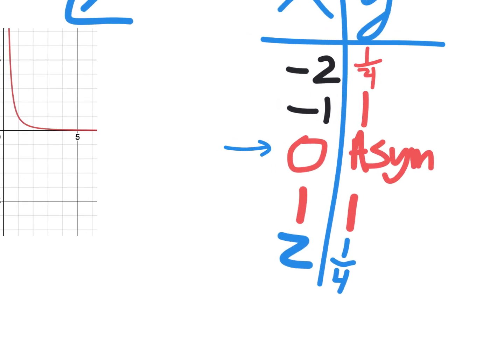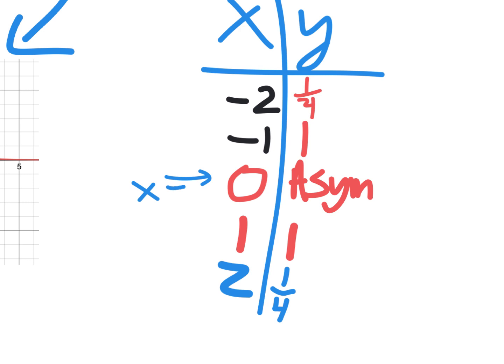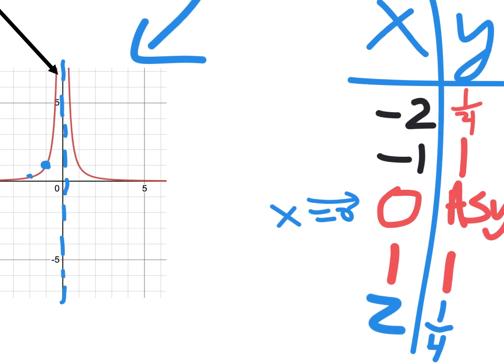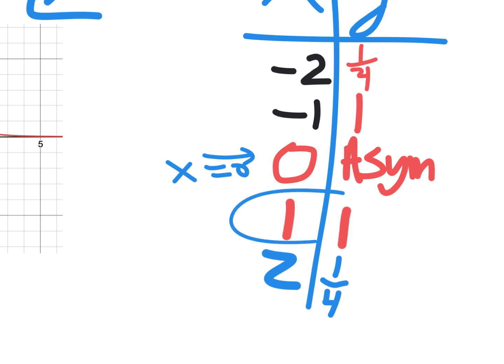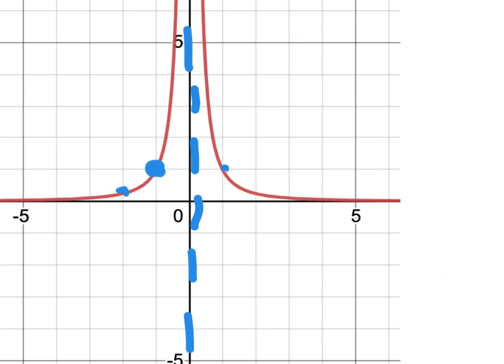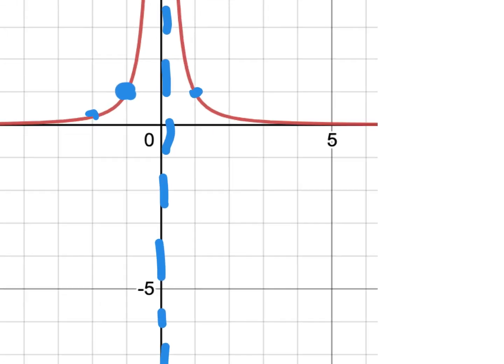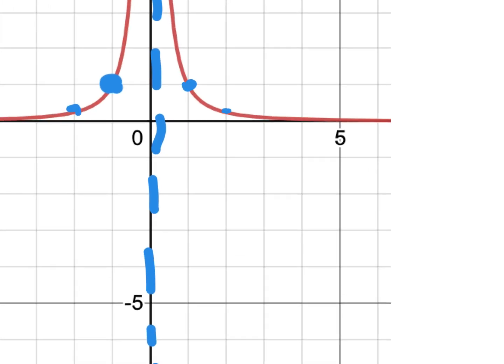Which kind of asymptote? The kind where x equals 0, which is the vertical asymptote. And then 1, 1. That's right there. 2, 1/4. Over 2, up 1/4. It's right there. It all makes sense to me anyway.